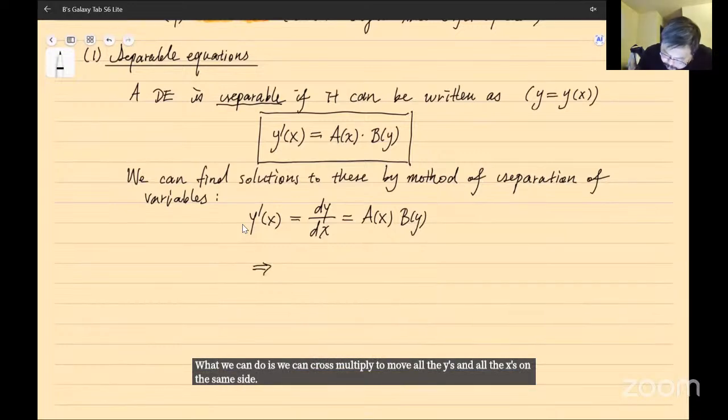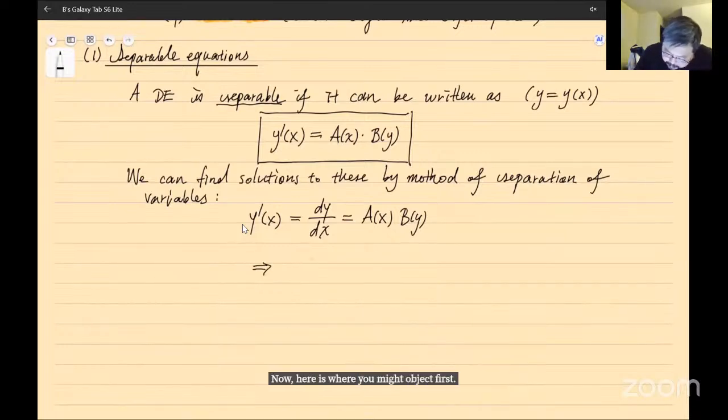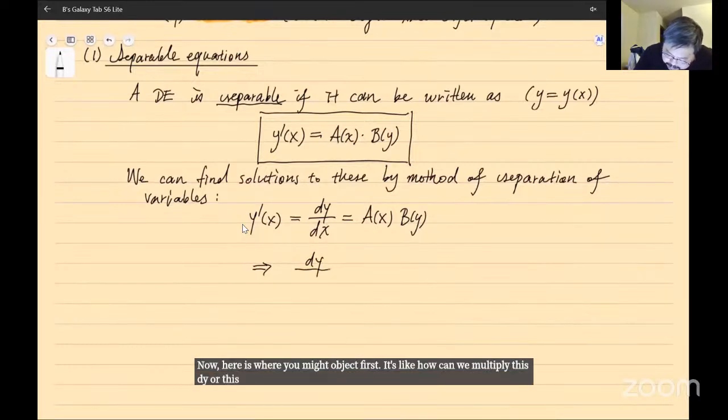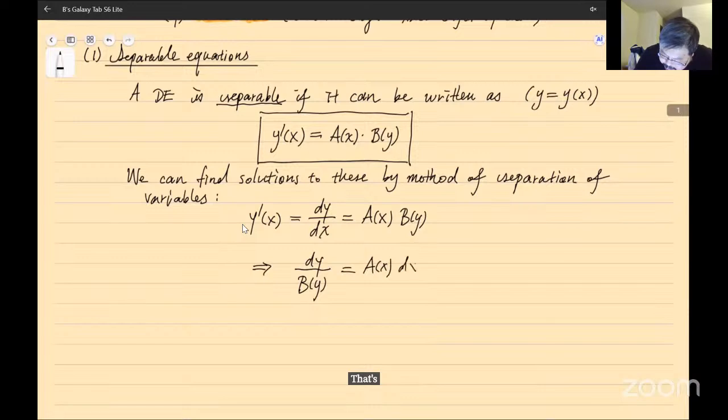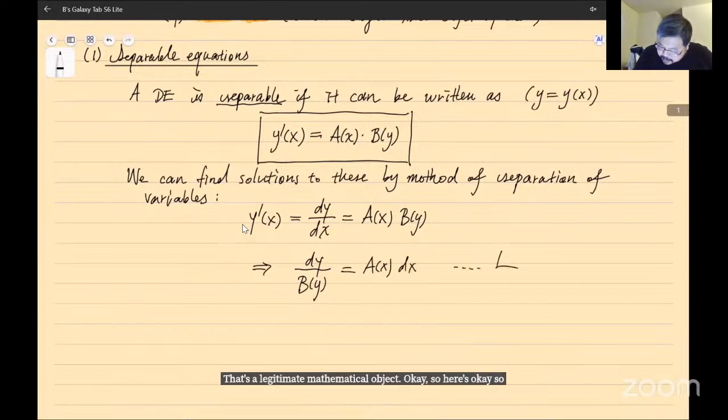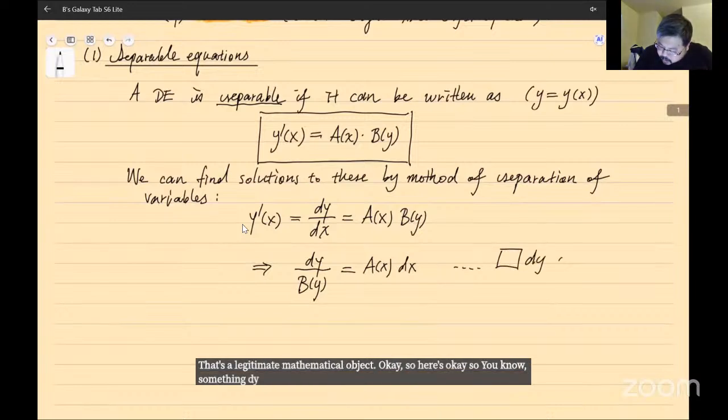Now here is where you might object first. How can we multiply this dy or this dx? The reason is that at this stage, dy and dx are actually a new gadget called a differential form. That's a legitimate mathematical object. So here, something dy or something dx, these are called differential forms.